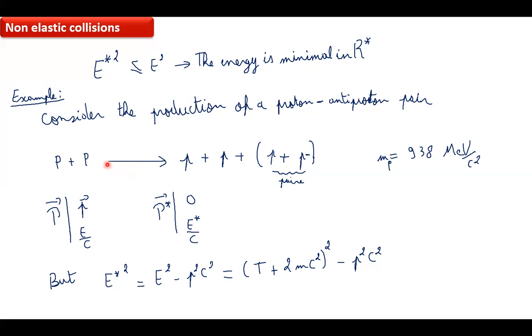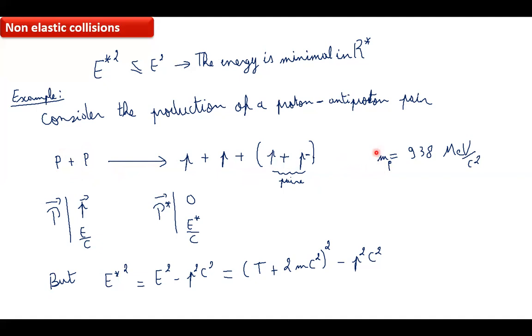When you make it at a high energy, this collision between two protons will produce four protons, P plus a pair, P plus P minus. P minus is the antiproton, so it has the same mass but an opposite charge.